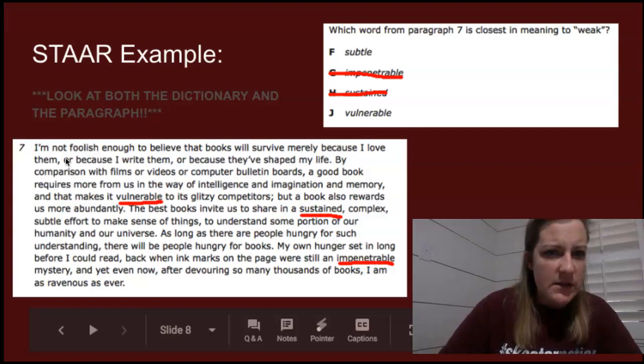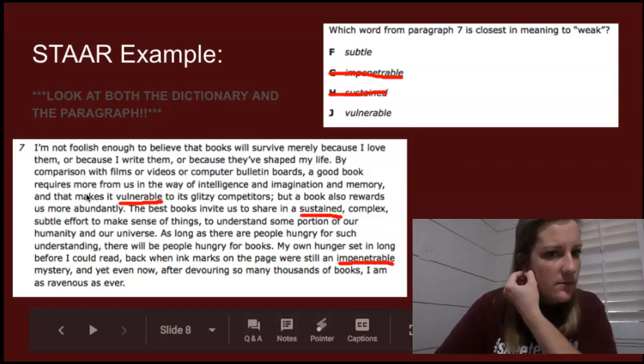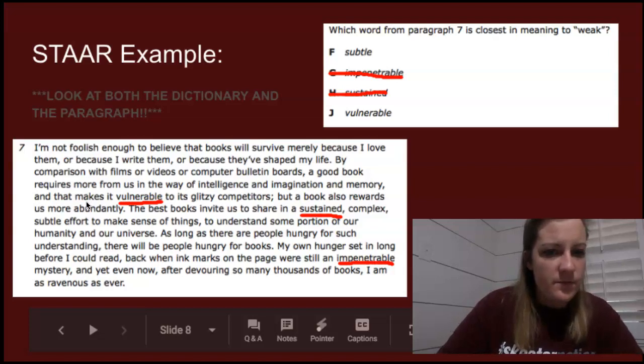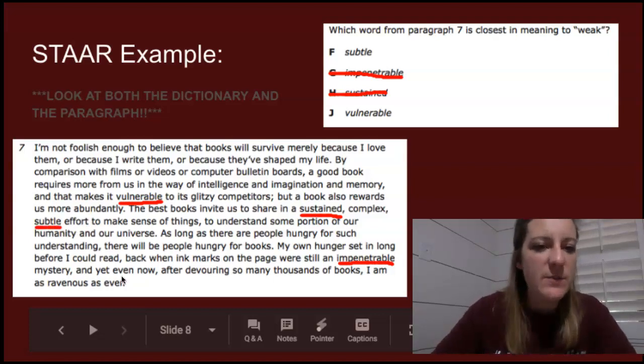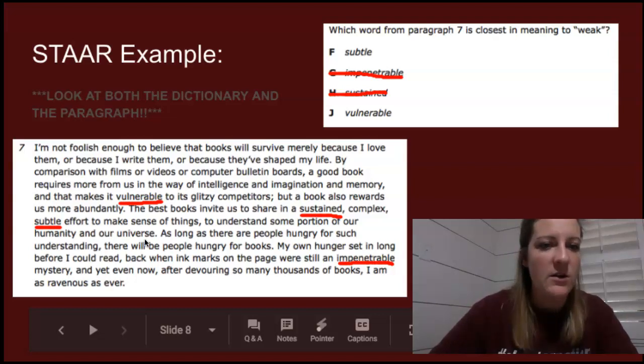And let's see, subtle. Okay, right here. Alright, so we're back in paragraph 7. The best books invite us to share in a sustained, complex, subtle effort to make sense of things, to understand some portion of our humanity and our universe.